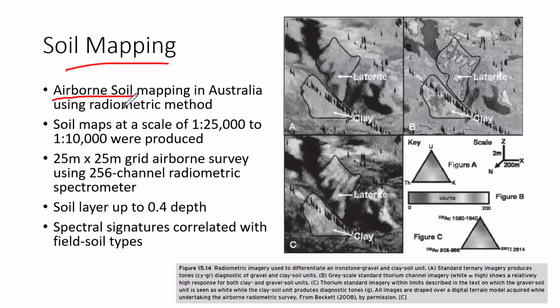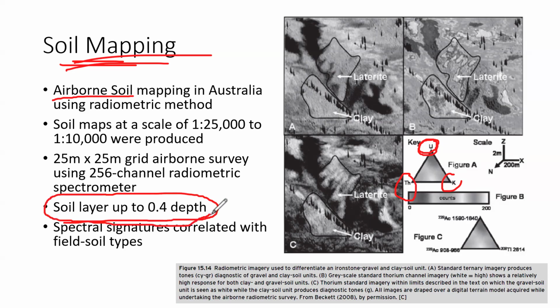They fly an airplane and read out the spectra of the gamma rays being emitted by the soil. The sources of gamma rays would be related to the series of uranium or thorium or potassium. Actually, sorry, in here the penetration depth is deeper. I think this one is 0.4 meters depth.